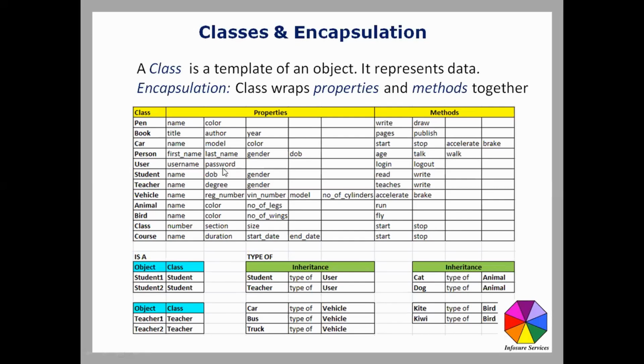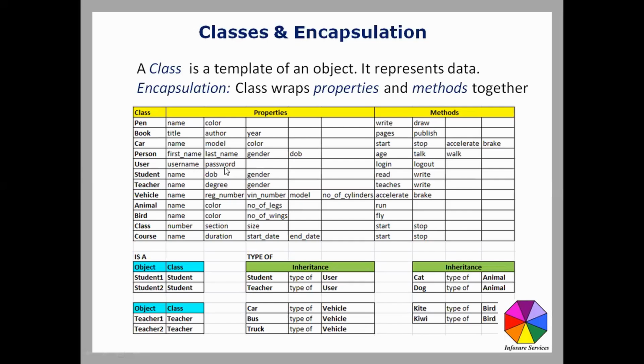So these are properties of my own class. And what can the user do? Log in, log out. These are methods of that class. So while I create my own data type and store my own data, that's when you use classes and objects. The class we're talking about here is user.